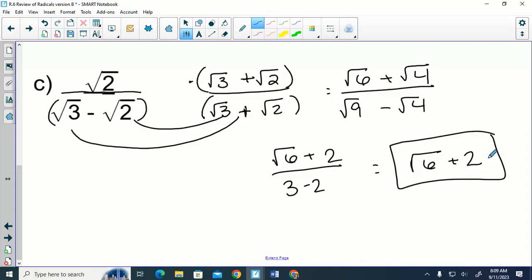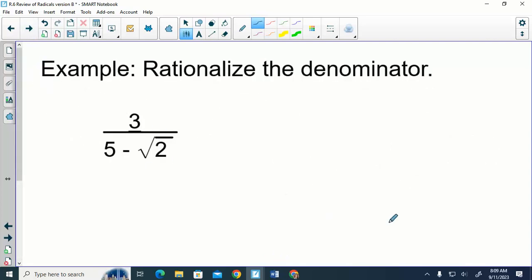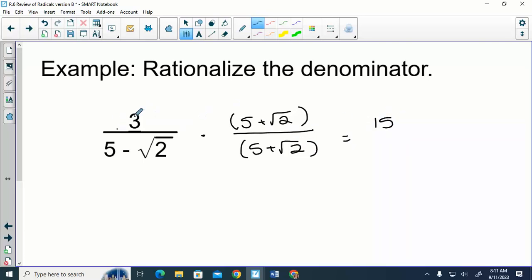I want to give you guys one of those to try. So multiply by the conjugate, which would be 5 plus the square root of 2. So on the top, 3 times 5 is 15. 3 times the square root of 2 is 3 square root of 2.